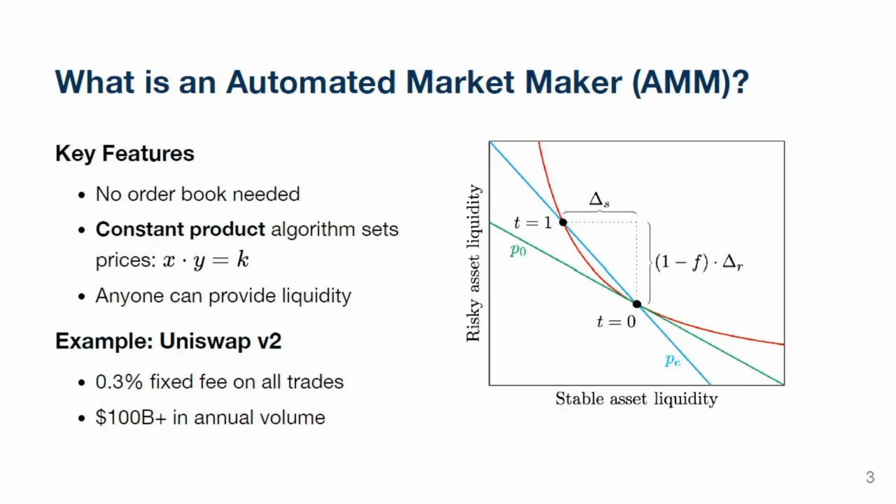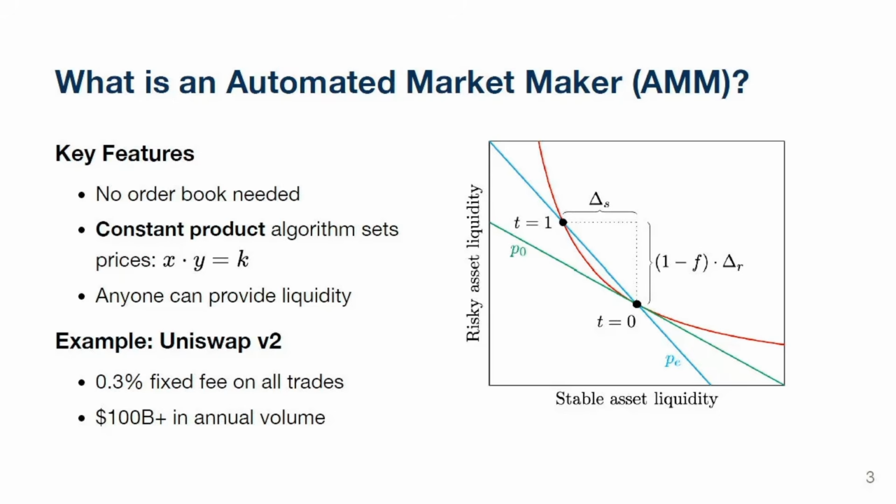So I'll try to blast through this. I assume most of you are familiar with what an AMM is. This is a decentralized market maker. There's no order book needed. This is all done on chain through a smart contract. There's an algorithmic bonding curve.